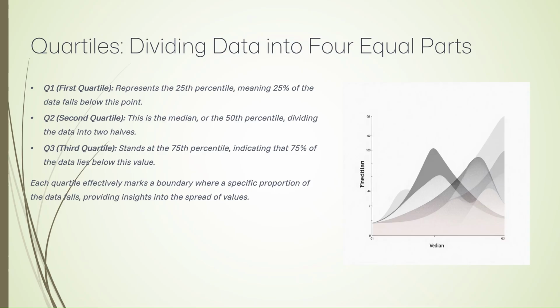In the first quartile, 25% of observations lie below it. In the second quartile, 50% of observations lie below it, and this is also called the median. In the third quartile, 75% of observations lie below it. Quartiles are especially useful for studying the spread and variability of the data.